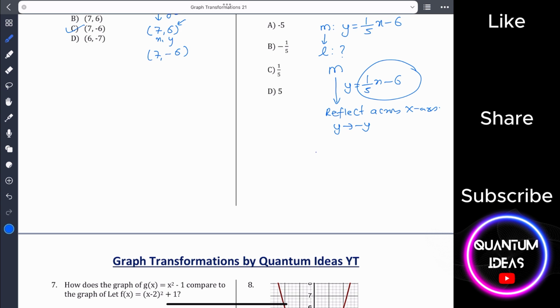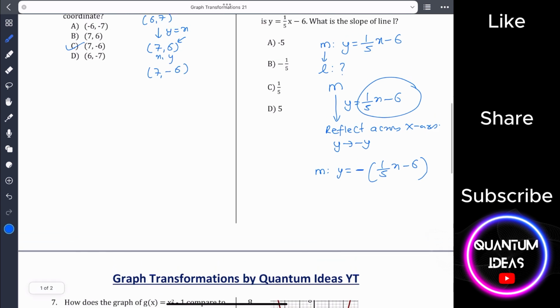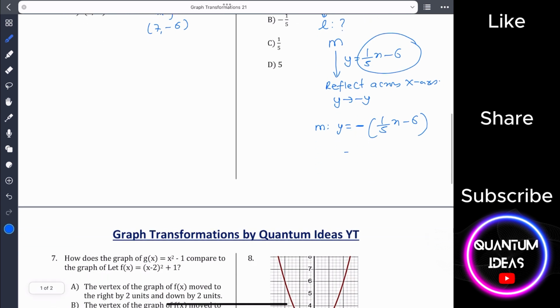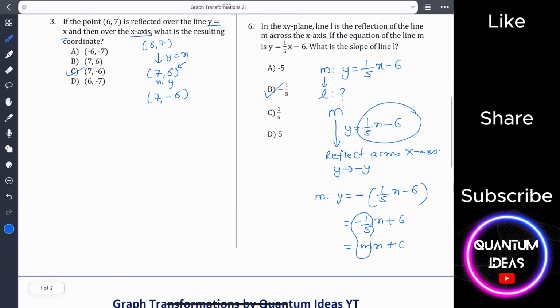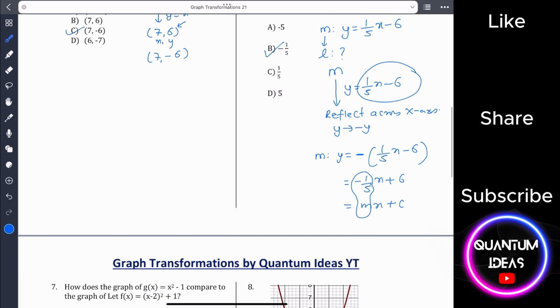So y will be the negative of 1 by 5 x minus 6, and that will be your required function. So this equals minus 1 over 5 x plus 6. If you compare it with mx plus c, your slope is minus 1 over 5. And that is it, the answer is minus 1 over 5. Pretty simple. So let's go to number 7.